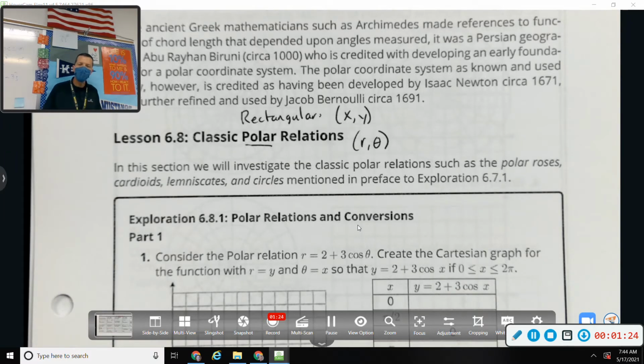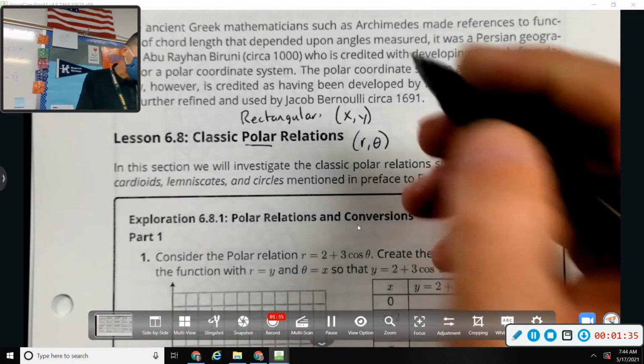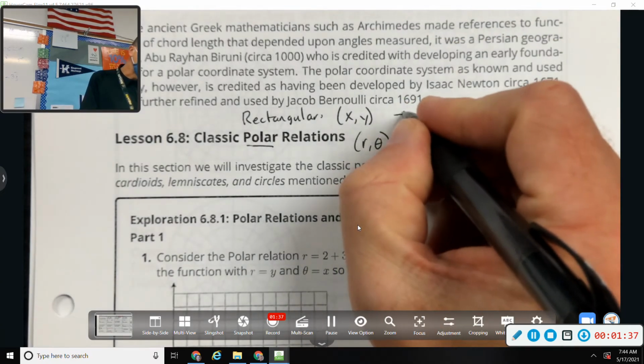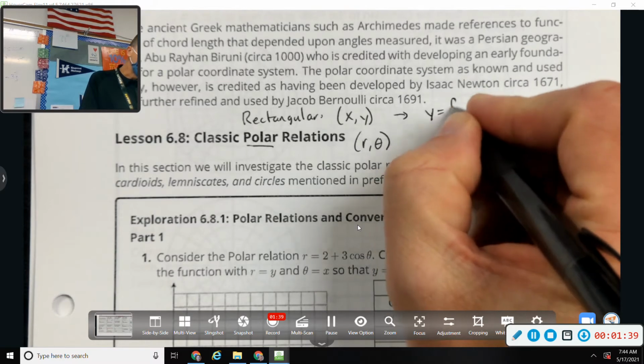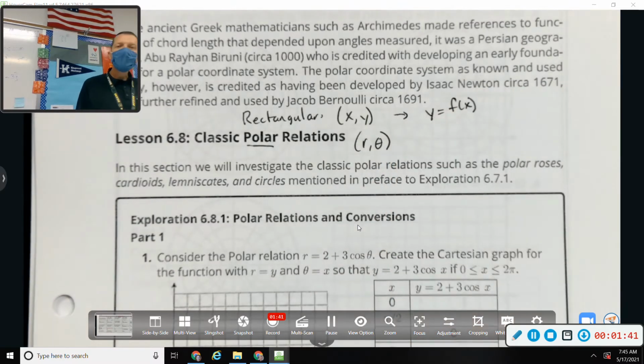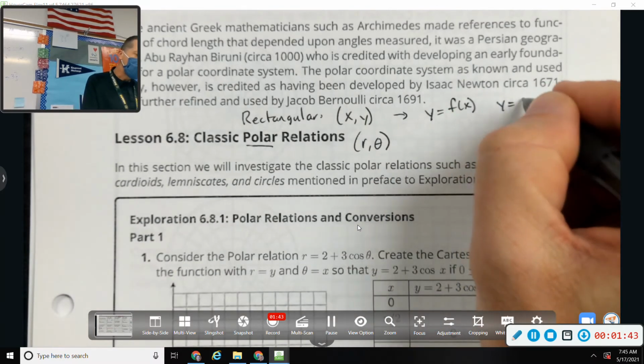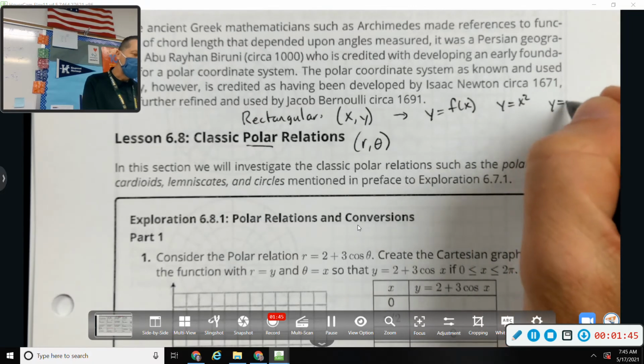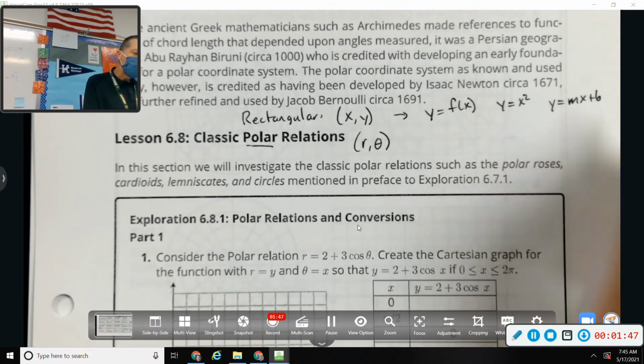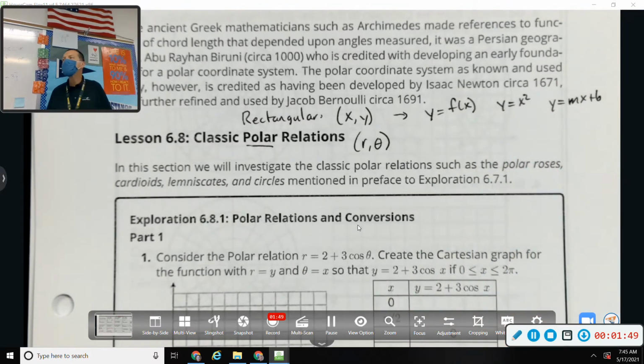So we're a little bit familiar with polar, using r and theta to describe a point rather than x and y. And just like x and y, it kind of led to y equals some function of x. And so we learned how to graph y equals x squared, or y equals mx plus b, or all those other graphs that we learned in rectangular form.